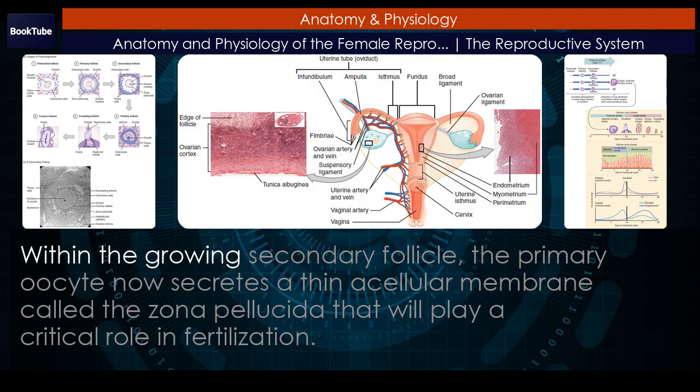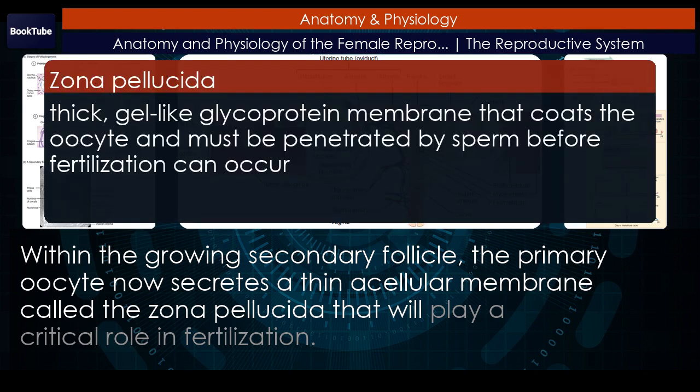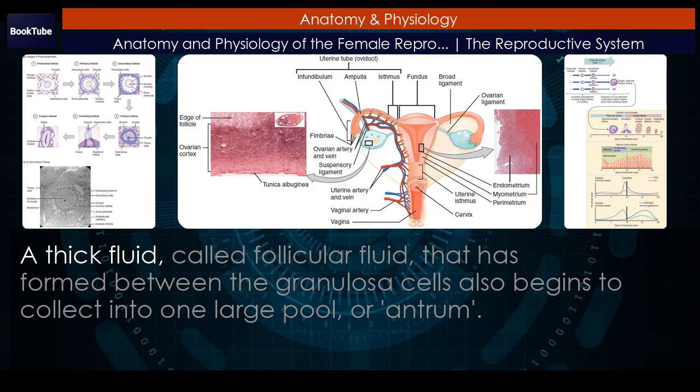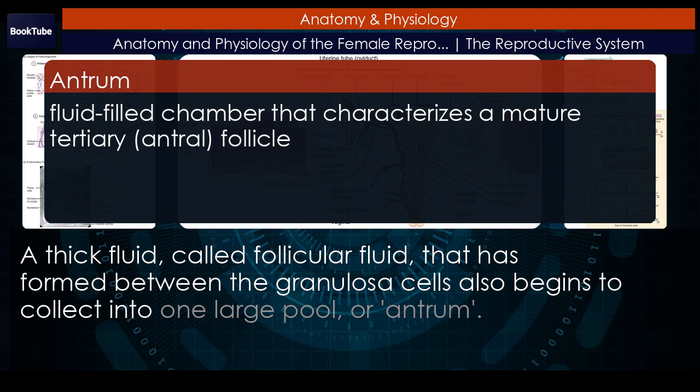Within the growing secondary follicle, the primary oocyte now secretes a thin acellular membrane called the zona pellucida that will play a critical role in fertilization. A thick fluid, called follicular fluid, that has formed between the granulosa cells also begins to collect into one large pool, or antrum.